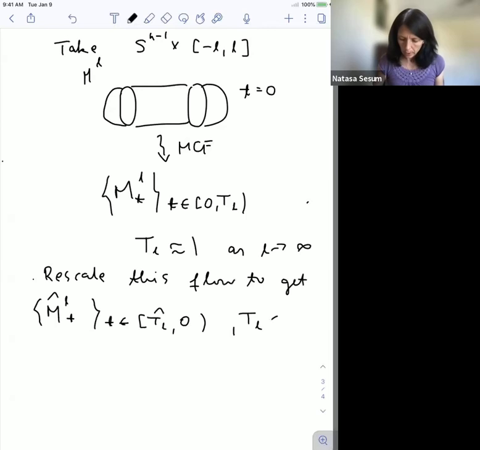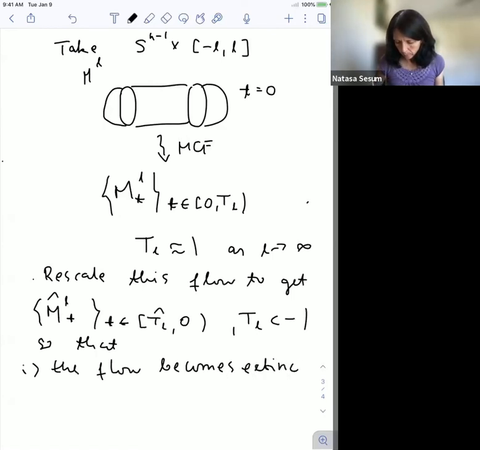Where T hat L is strictly less than -1, so that, first, the flow becomes extinct at time t equal to 0.